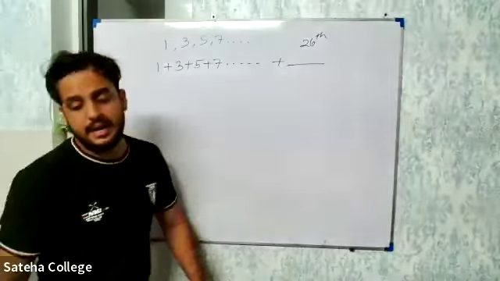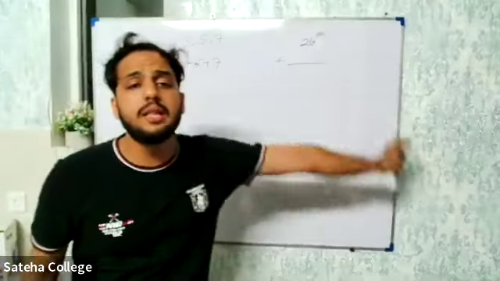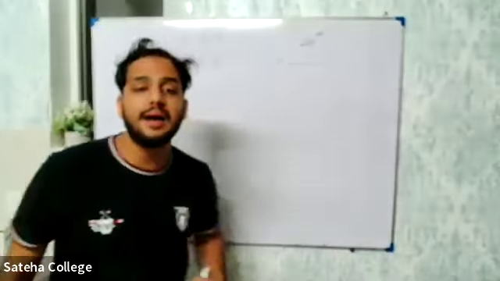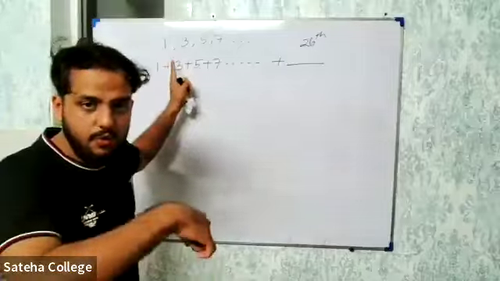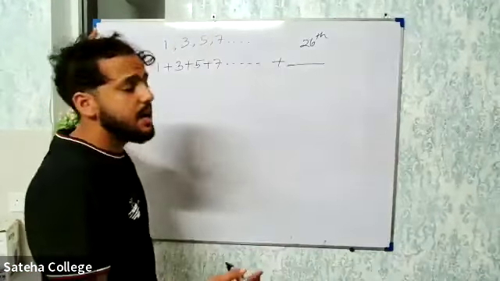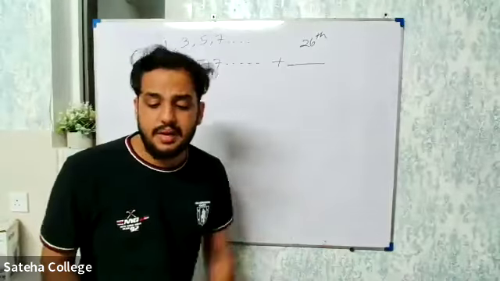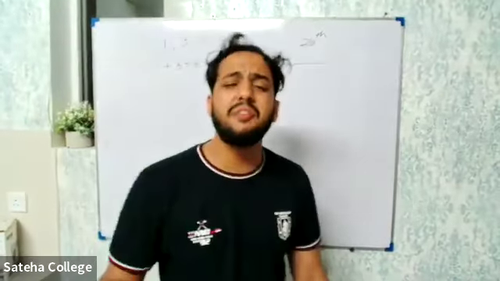To find the total number of flower vases, in the center you have one flower vase. First circle, 3 flowers. Then 5 flowers, 7 flowers. Likewise, until all the flowers available, you need to add them to find the total number of flowers. It's a bit of a hassle.